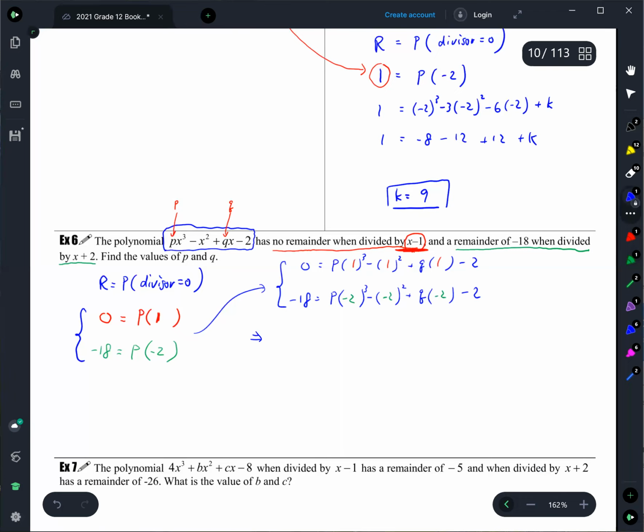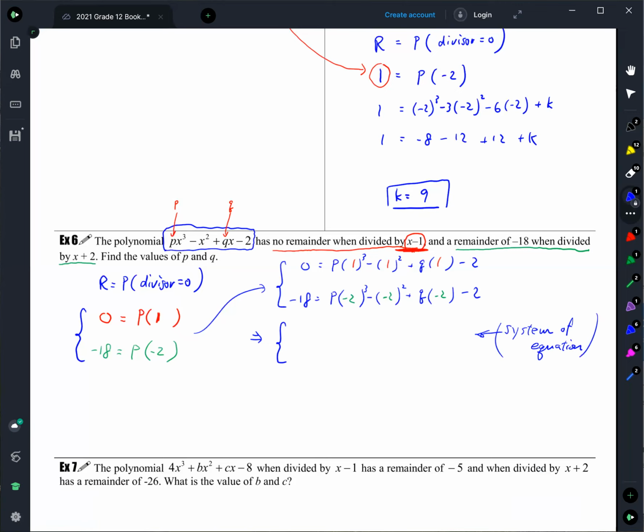Okay, we simplify it. I'll let you do the simplifying. So simplify the exponents, combine all the like terms. You should get 2 equations that have just p and q, right? That will give you what's called a system of equations. Okay, please simplify it. Raise your hand when you finish simplifying.